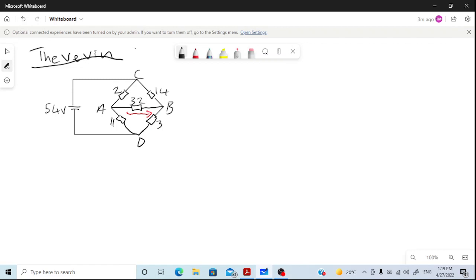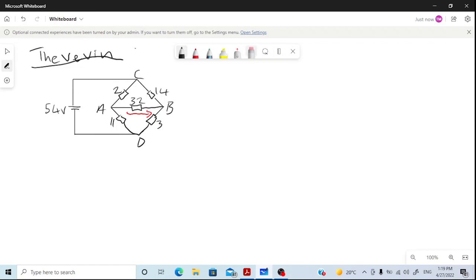Okay, so what is the first step of solving this question using the Thevenin theorem? Firstly, you need to remove your load resistor, which is the resistance where the current must pass. In this specific scenario it is the 32 ohm resistor. So you need to redraw this circuit without the 32 ohm resistor.